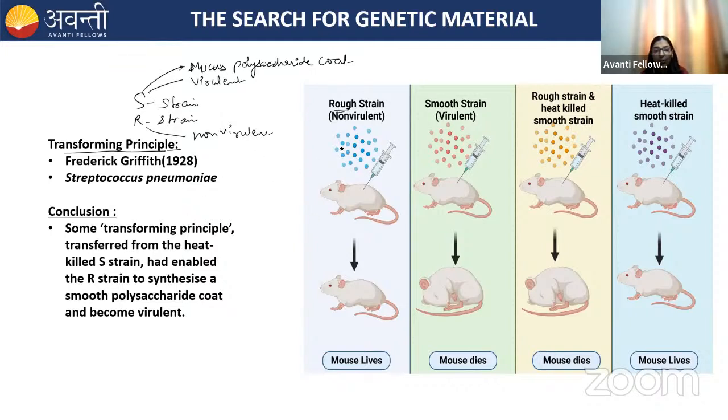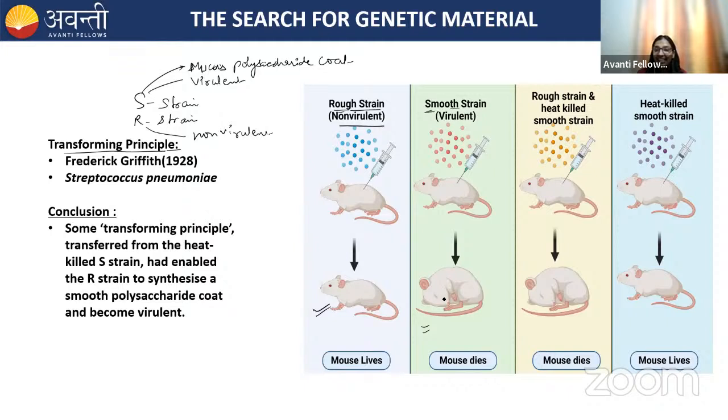So what Griffith did: he injected the mice with the R strain, which is non-virulent, and observed that the mice survived. Next, he injected the mice with the smooth strain, the S strain, which we know is virulent because it has the mucus polysaccharide coat, and this led to the death of the mice.